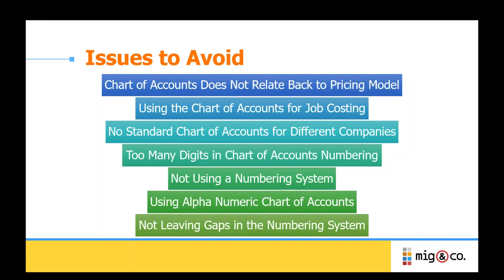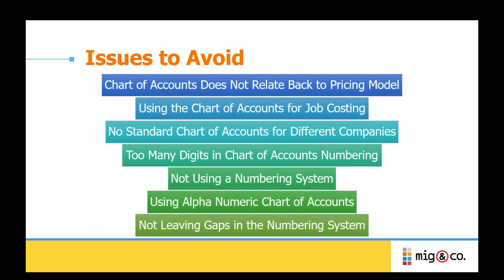Don't have too many digits in your chart of accounts. One, it has to be keyed in. Two, it's just longer and messier. Please avoid not using a numbering system. So, for example, if you want to have alpha, obviously you can do that, but it just makes it much more difficult for sorting purposes and ease of use.